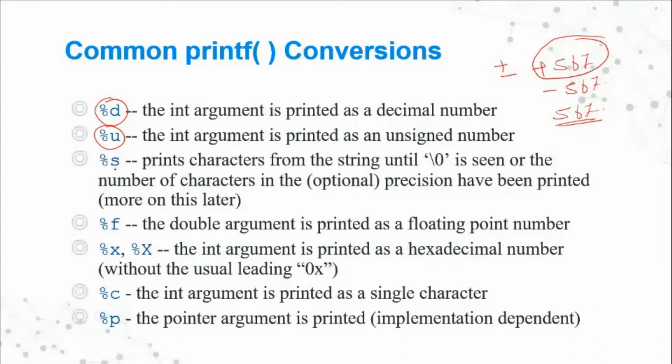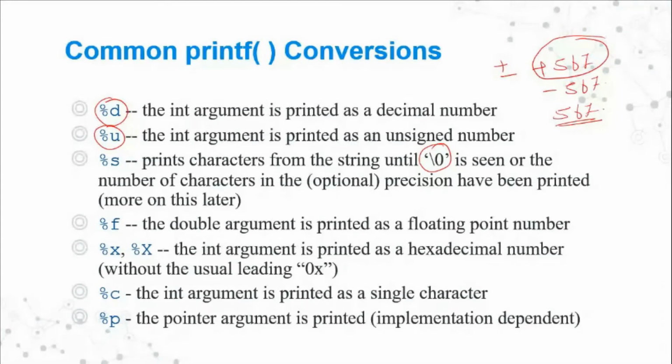Then %s prints characters from the string, until a null character, the backslash constant \0, is seen, or the number of characters in the optional precision have been printed. More on this will be discussed later. So %s normally prints the characters within the string.